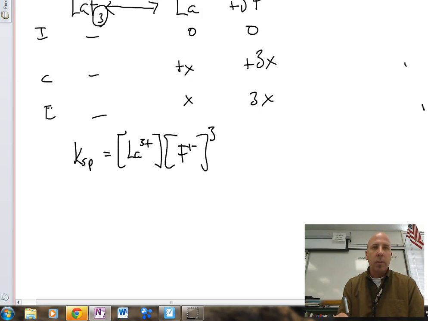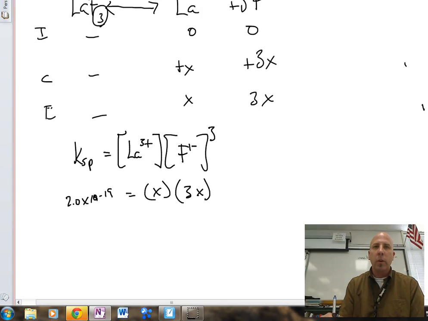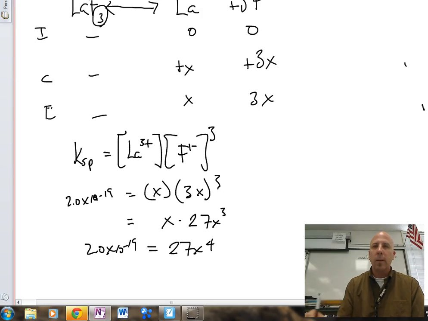So it did give us the Ksp value of 2.8 times 10 to the negative 19th is equal to x multiplied by 3x cubed. 3x cubed gives us 27x cubed multiplied by x. It's going to give us 27x to the 4th power, equal to 2.8 times 10 to the negative 19th.